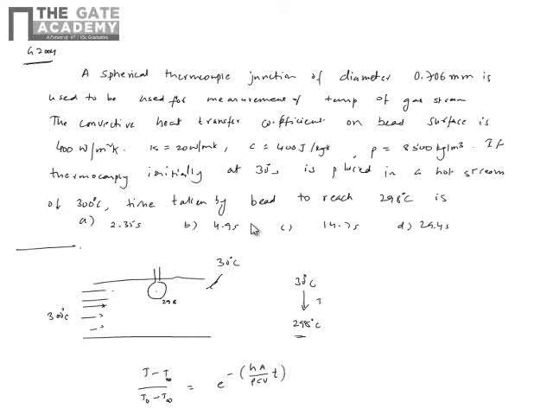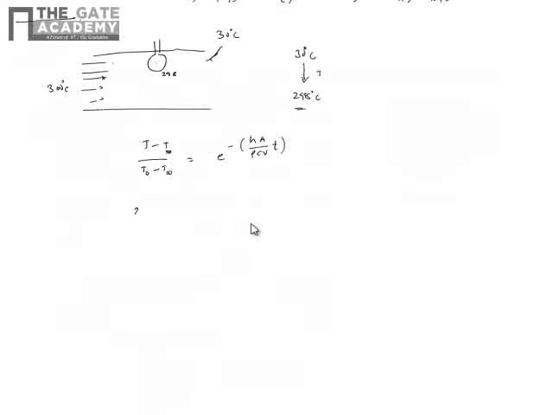So T is the temperature at time t. I want 298, ambient is 300, initial is 30, and the ambient is 300, e power minus, all this we need to substitute. H, the heat transfer coefficient, is given as 400.